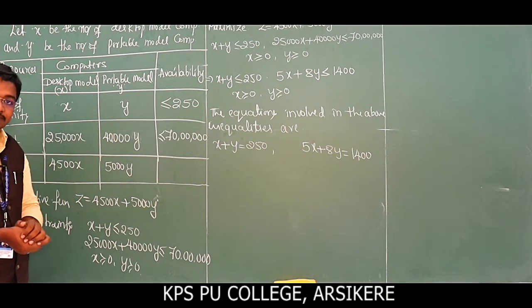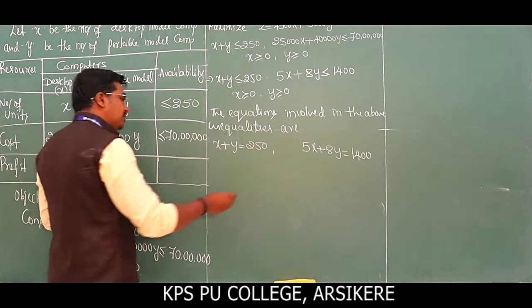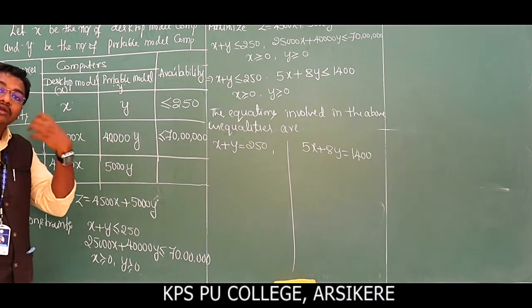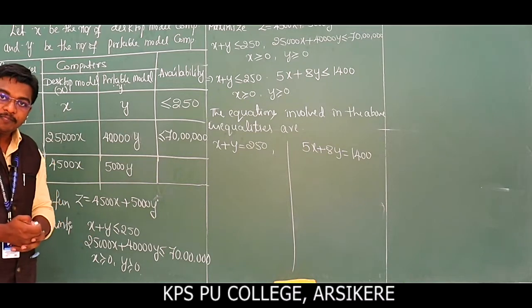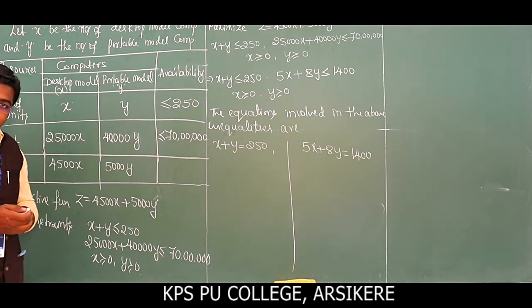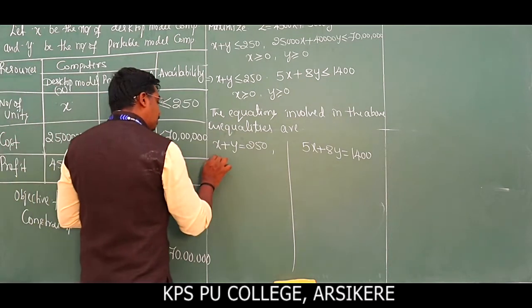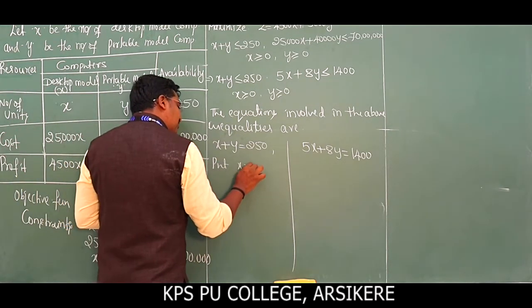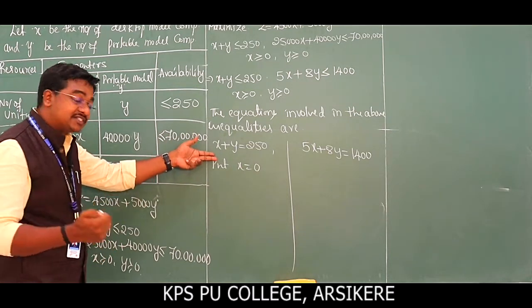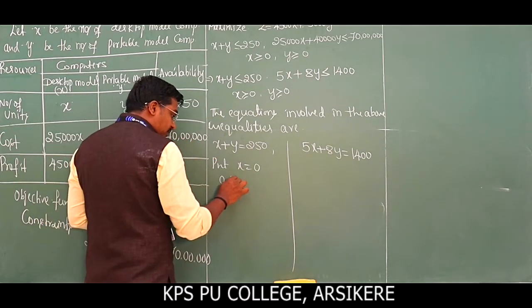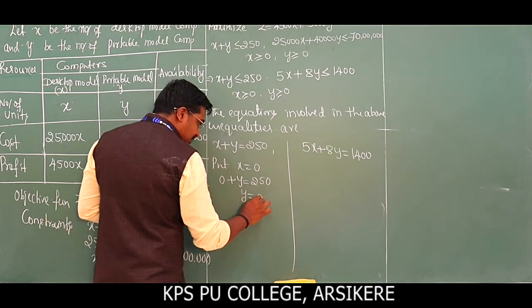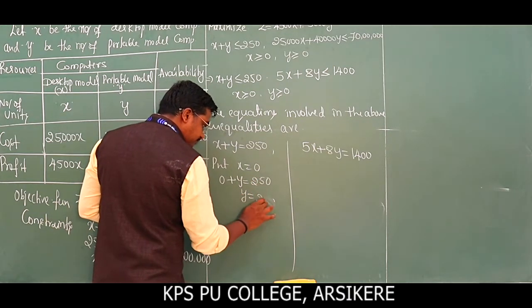So first come to x plus y is equal to 250. The method is very simple here. Substitute x is equal to 0, we will get the point on the y axis for the corresponding line. Substitute y is equal to 0, you get the point on the x axis. Put x is equal to 0: this equation reduces to 0 plus y is equal to 250, which is nothing but y is equal to 250.